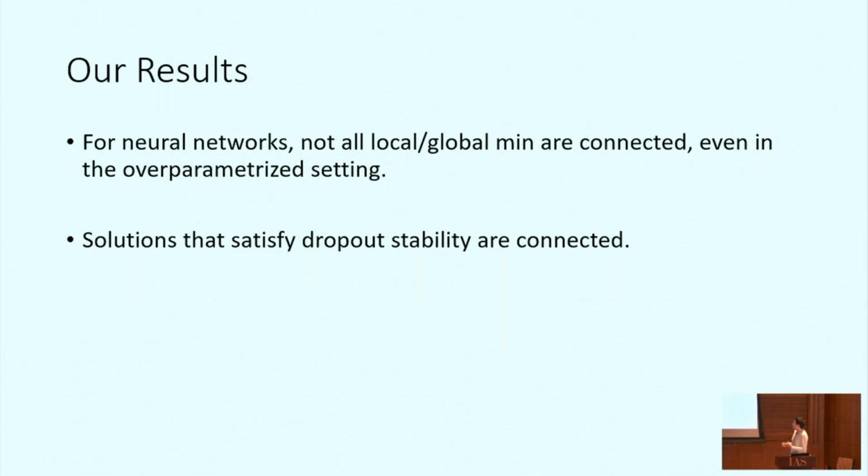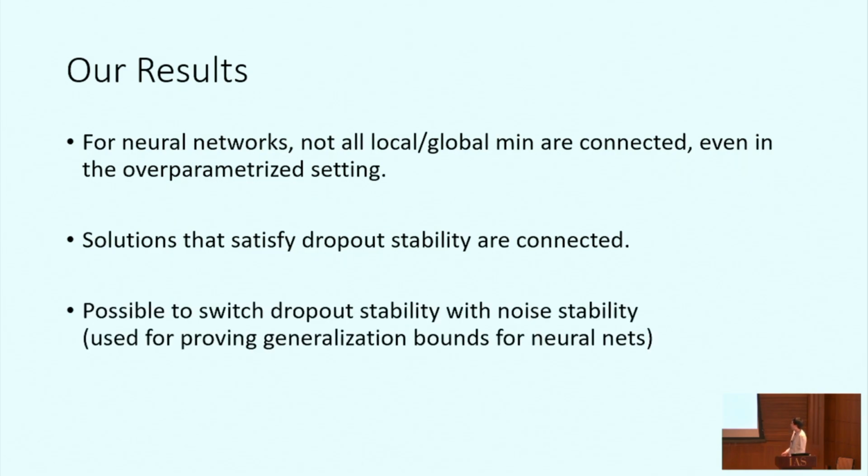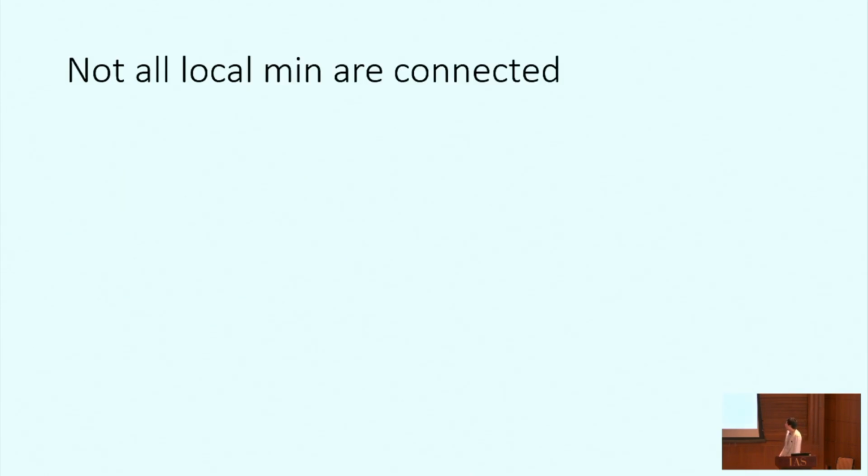We can also show a positive result that says solutions that satisfy a property that we will call dropout stability are connected. It's also possible to switch out this notion of dropout stability with some other notion that was used to prove generalization bounds for neural networks, but we will not get into detail in the talk.